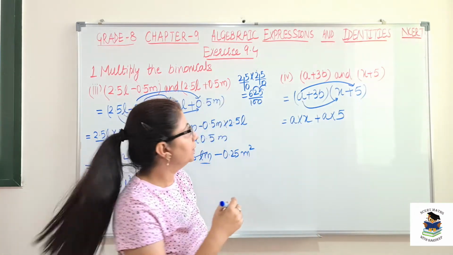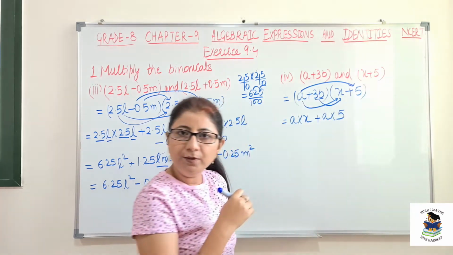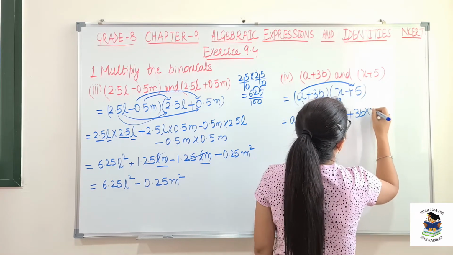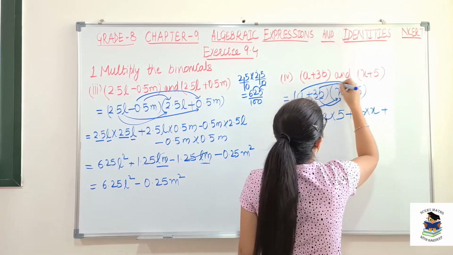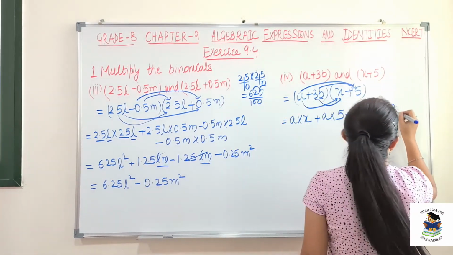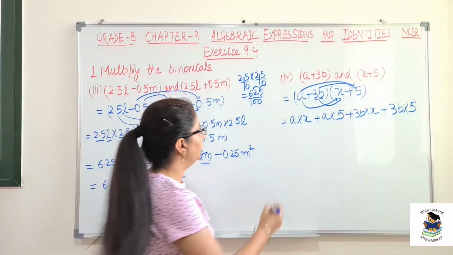Now we will move on to our second term, that is 3b. So 3b with x, that is 3b multiplied by x, and then this again 3b with 5. So 3b into 5. Now let's multiply them.